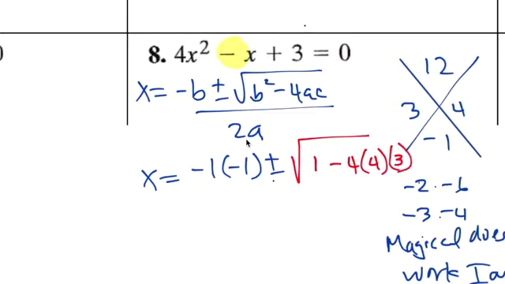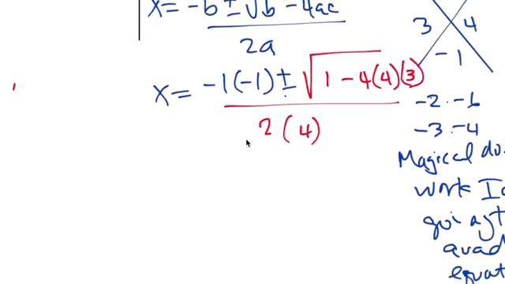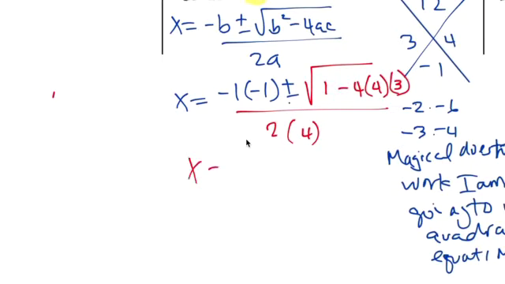There is no solution here. I gave you a problem with no solution. All over 2 times 4. x equals 1 plus or minus square root of a negative 16 times 3, 16, 18, 1 all over 8.